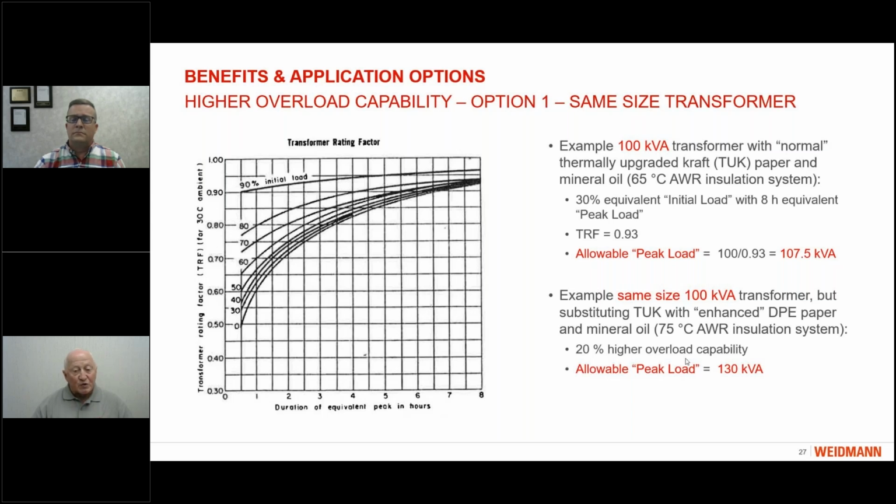So it means that a transformer with DPE paper and mineral oil will be able to be used with the peak of 8 hours with the capacity of 130 kVA versus 107.5 kVA with a normal insulation system.